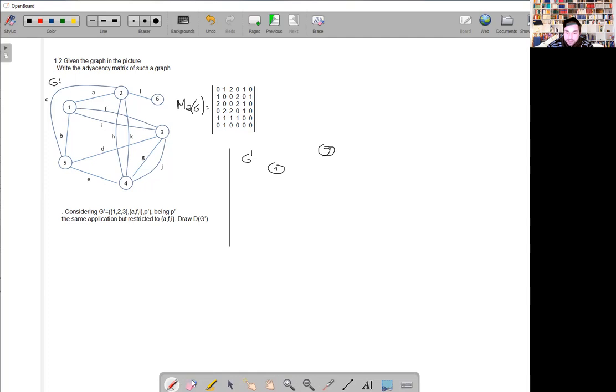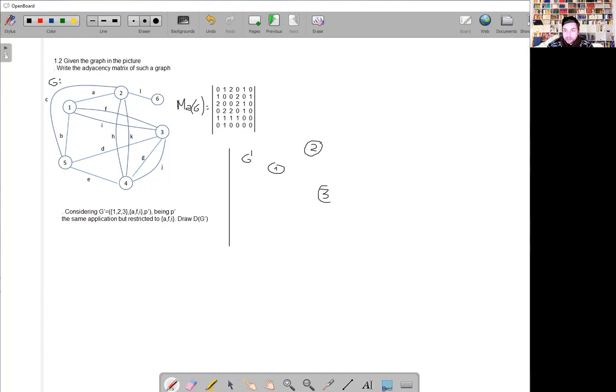Okay, this doesn't look very good, right? So let's do it again. We have these 3 vertices, 1, 2, and 3.